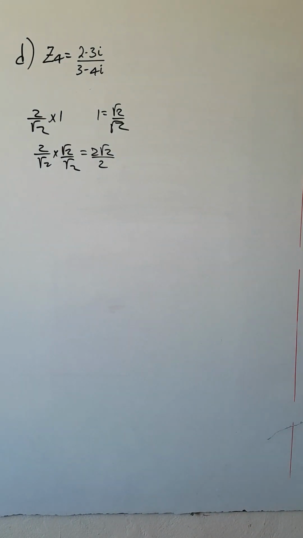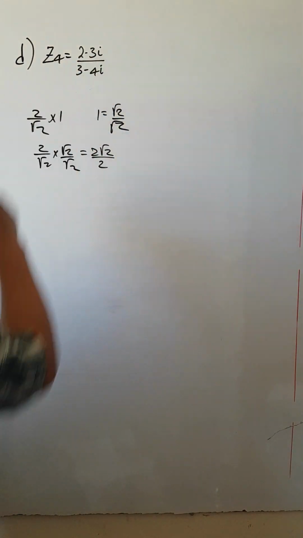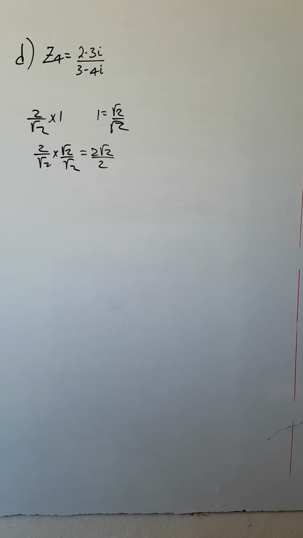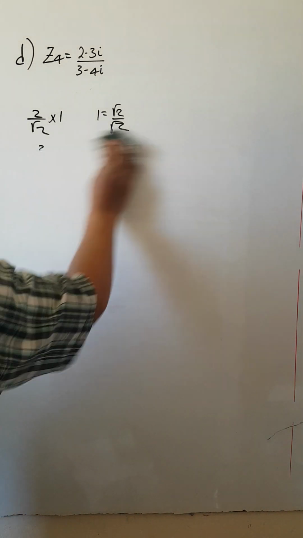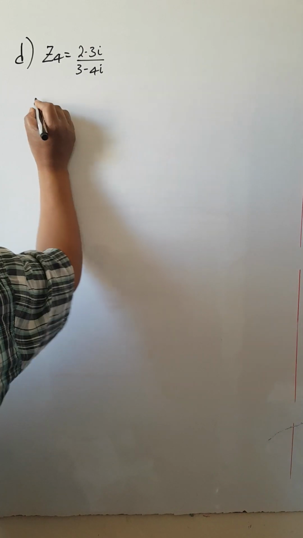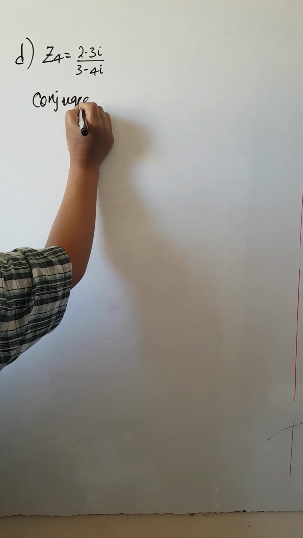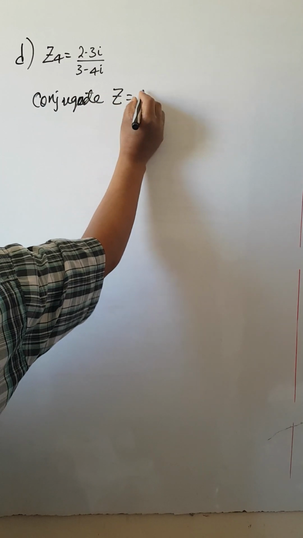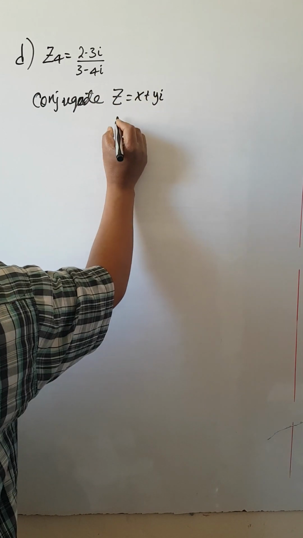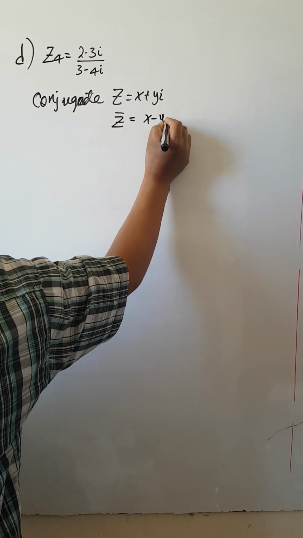In the same manner, we use the conjugate of the denominator to rationalize a complex number such as z4. The conjugate of a complex number z, x plus yi, is written as z bar, which is equal to x minus yi.